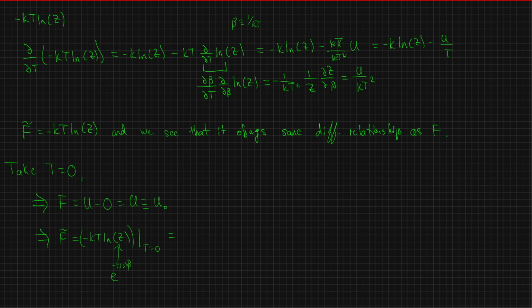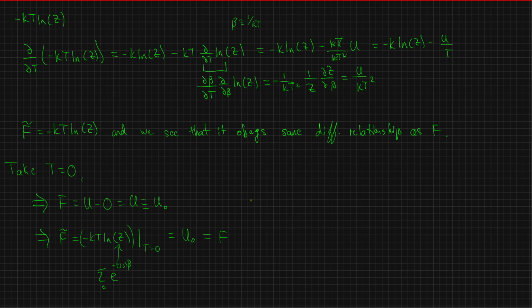And beta is just 1 over KT. So again, if we set T to 0, this sum is only going to pick up the lowest energy state, because all the other ones are infinitely suppressed. So it'll only pick up whatever the lowest E value is. So again, this is just going to be the ground state, U naught. And thus we've shown very trivially that F tilde and F are actually the same thing.